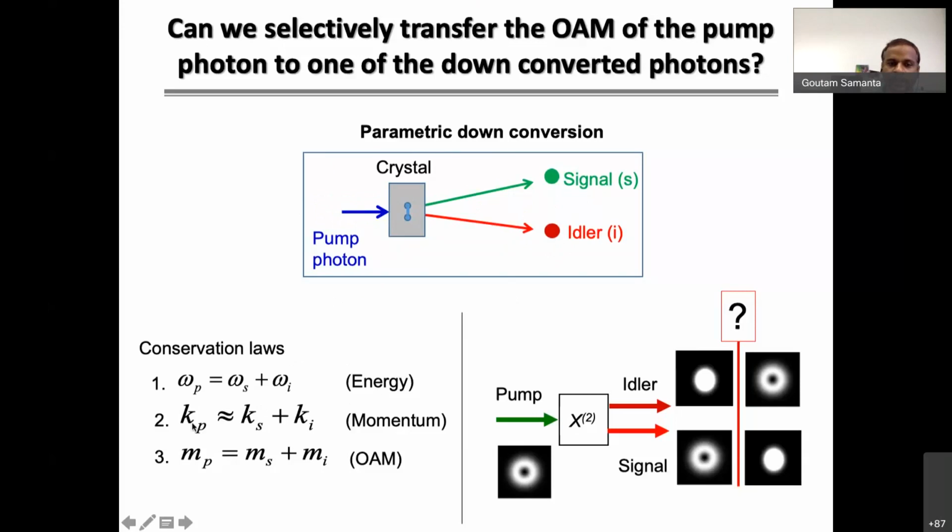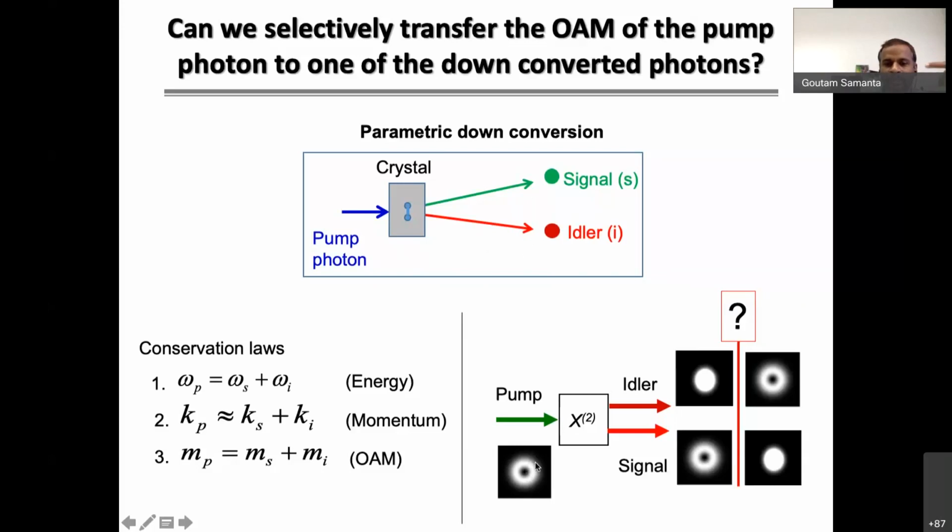We maintain momentum conservation, and they also maintain orbital angular momentum: the input orbital angular momentum equals the orbital angular momentum of the output photons. Now, let's say the orbital angular momentum is not divisible. What will the process be? Say we have a pump photon of orbital angular momentum 1.